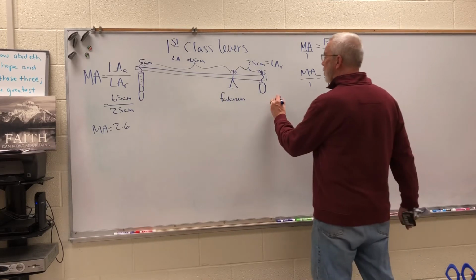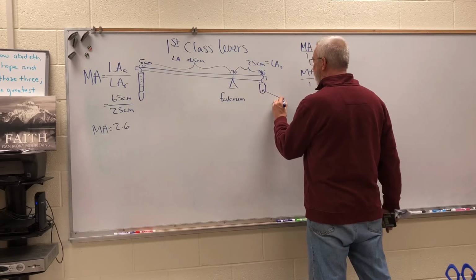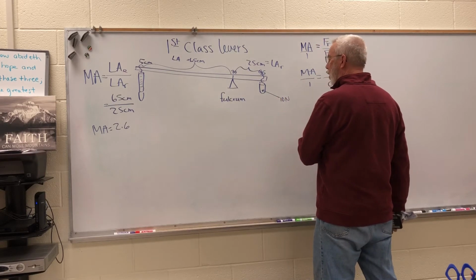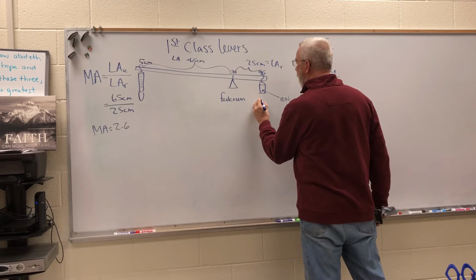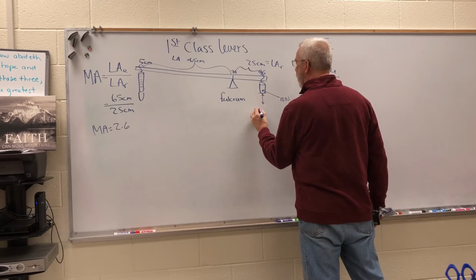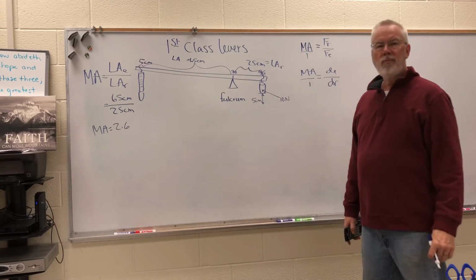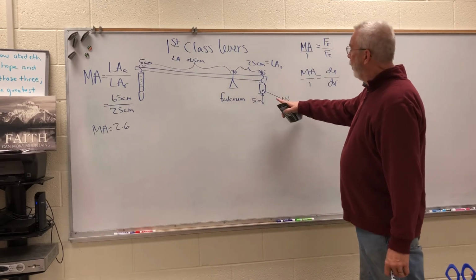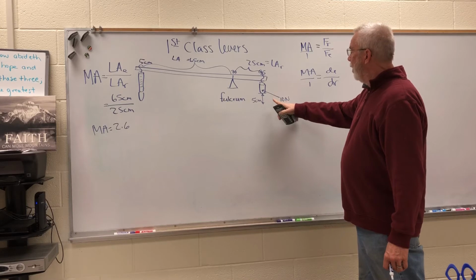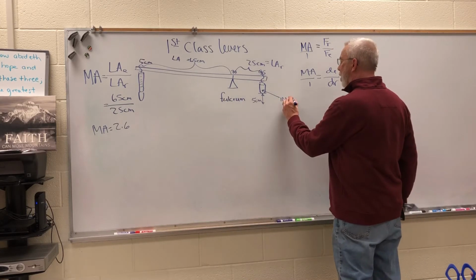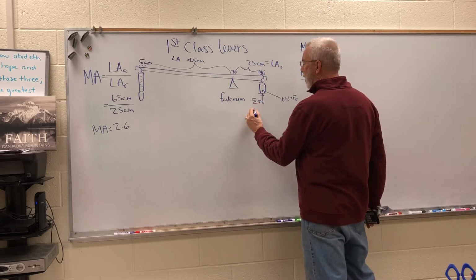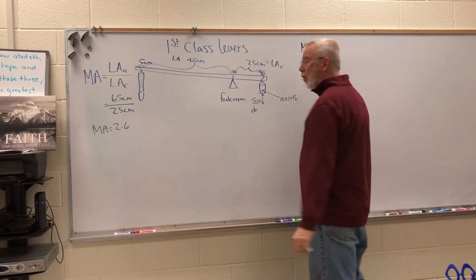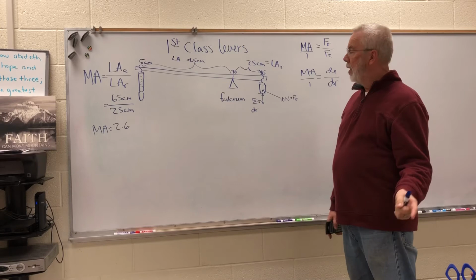So let's give this a value right here of 10 newtons. And we're trying to get this block to move a distance of 5 centimeters. So if this is the object, then this would be FR, which is the weight of the object, and the 5 centimeters would be DR, which is the distance that the object moves.